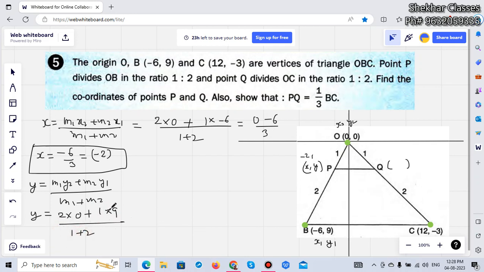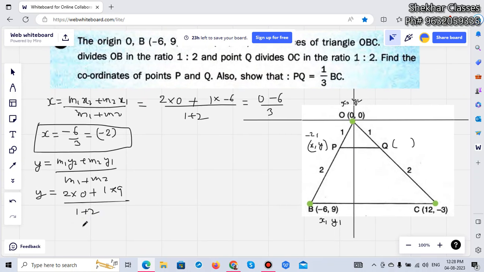This will give you 0 into 2 is 0 only. So Y here will be equal to 0 plus 9, remember 9 is positive, upon 3. That gives you 3 only. So Y is 3. So we got the coordinate of this one.